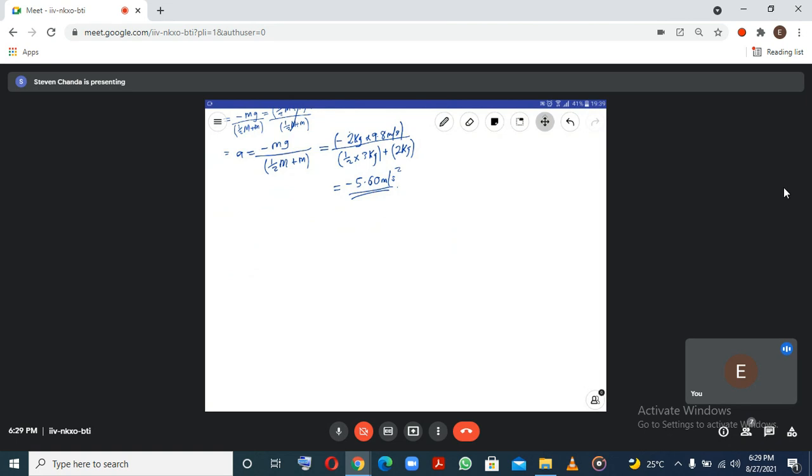Since we've been able to find our acceleration here, we can find our tension from this equation. You see that the acceleration is negative, which is what we expect because the bucket is moving downwards.